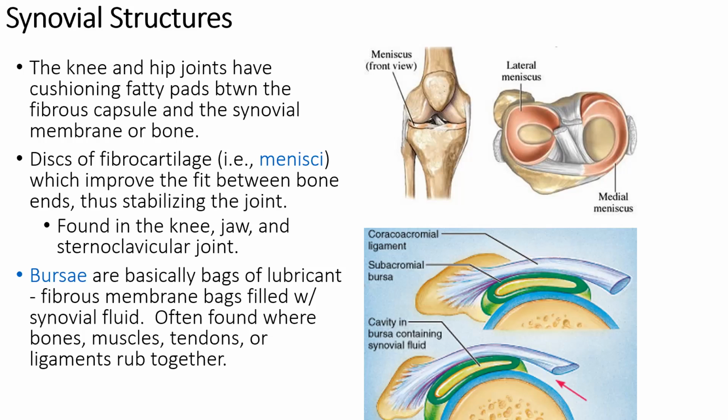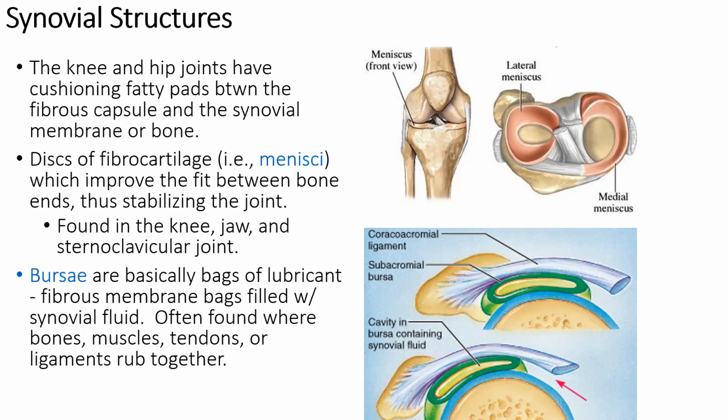We see it in the picture at the bottom. There we go. This is the acromion. Right here, this structure is the acromion. And this is the clavicle coming together.